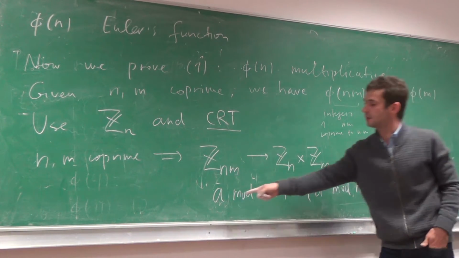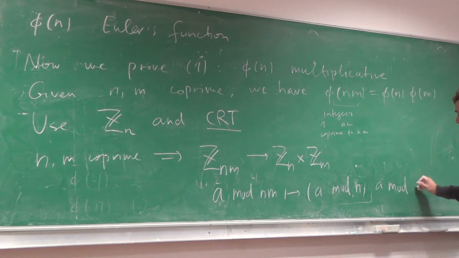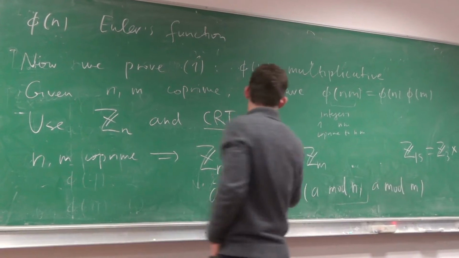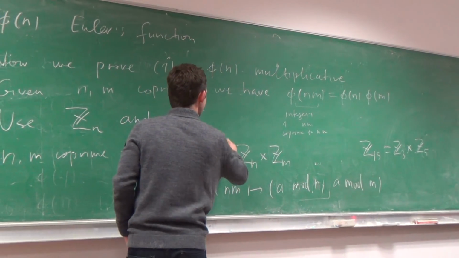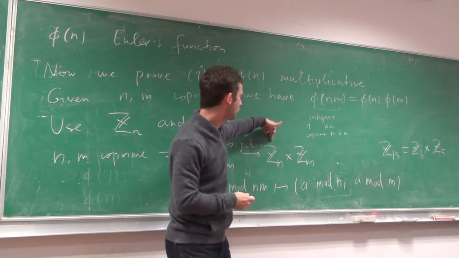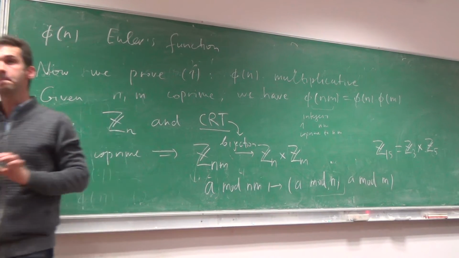So I have this class, and I reduce mod n here and mod m here. So you should remember how I spent some time explaining how Z15 is the same thing as Z3 cross Z5. This was the story. Yeah, so that's a map, and this map is a bijection. This is one way to state Chinese remainder theorem. Given two remainders here, there's a unique way to recover a remainder here. Yeah?